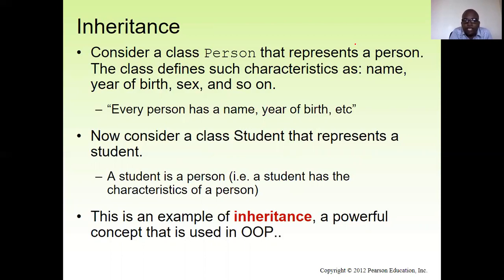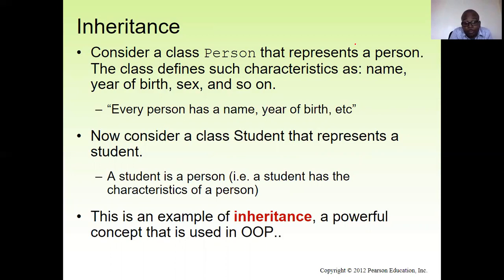And that class defines such characteristics as a name, a year of birth, sex, and so on. So in a sense, if we relate that to an application, we might want to say that every person might have those characteristics.